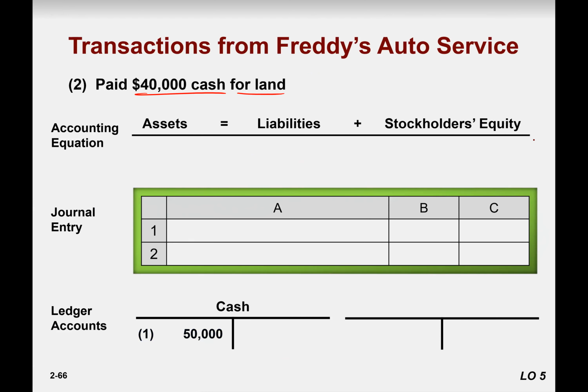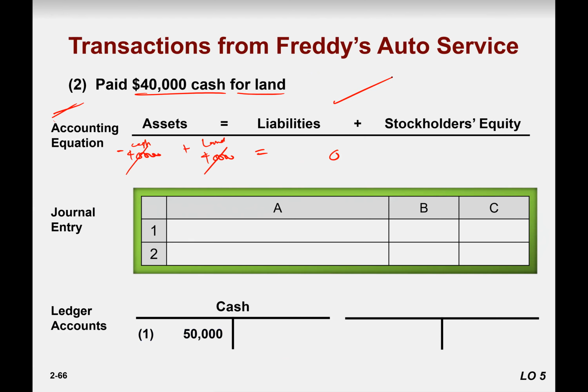In the equation, cash: is 40,000 an increase in cash or decrease in cash? It's a decrease in cash of 40,000, so it's credit. Increase in land is 40,000. The equation is balanced, right? 40,000 cancels, zero is equal to zero, so our accounting equation is balanced.